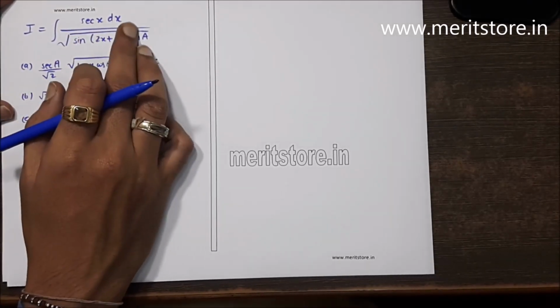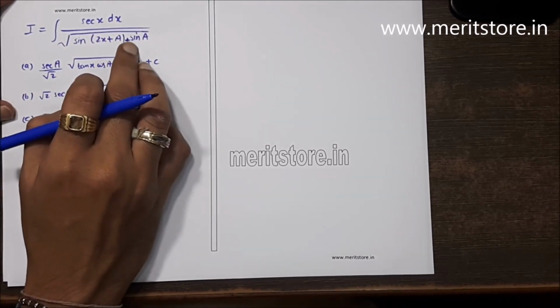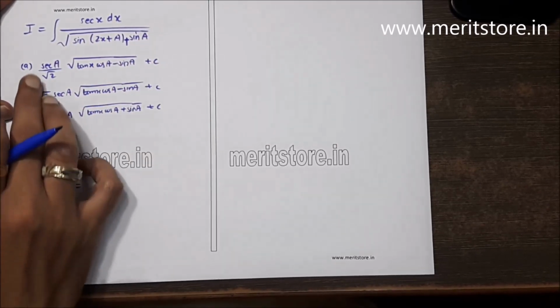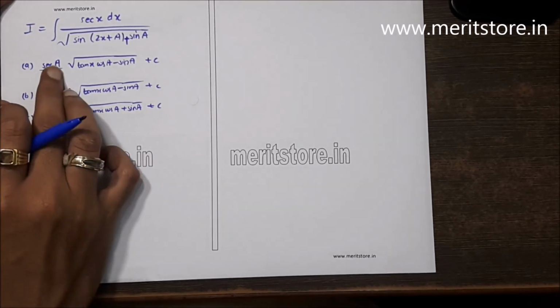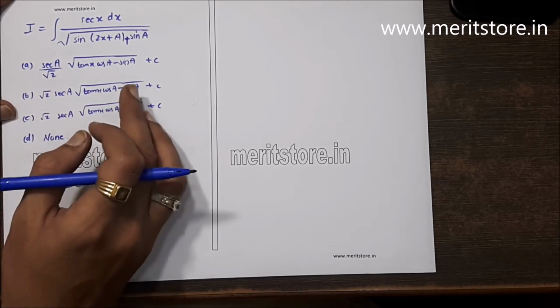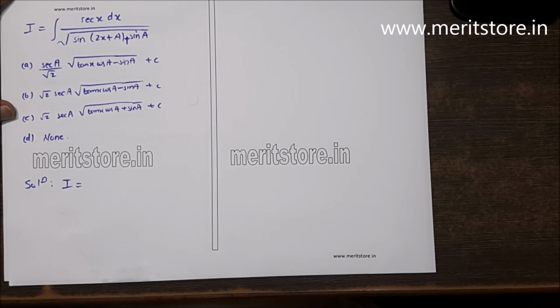Integral of sec x dx upon root of sine of (2x plus a) plus sine a, and our options are as follows. We observe there is a sec a and a root 2 here, and all these terms are almost identical containing a tan x. Let's see what we do.